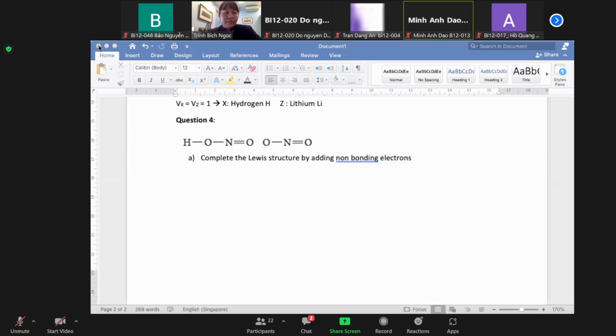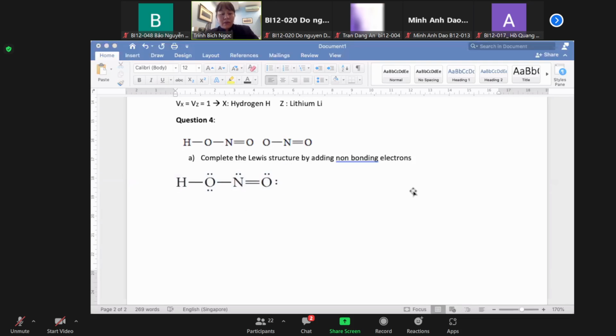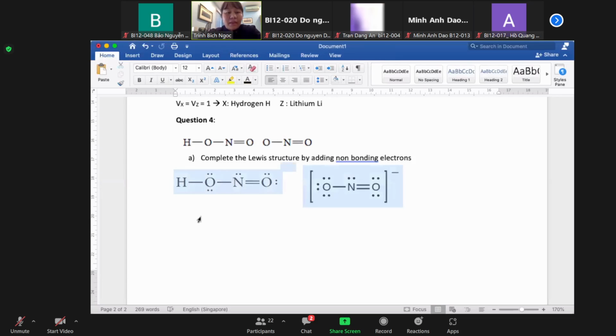So we'll have this. This is for nitrous acid, and this is for NO2 minus. So when you draw the Lewis structure for an ion, be careful.